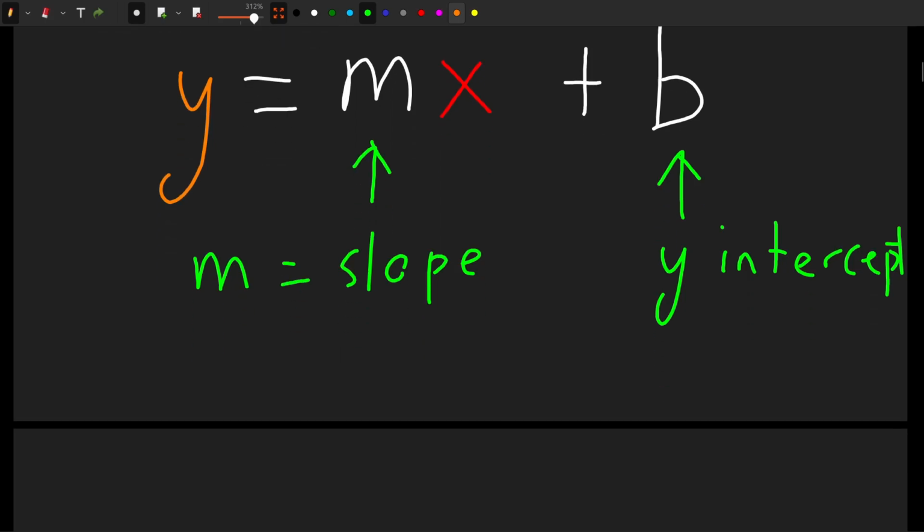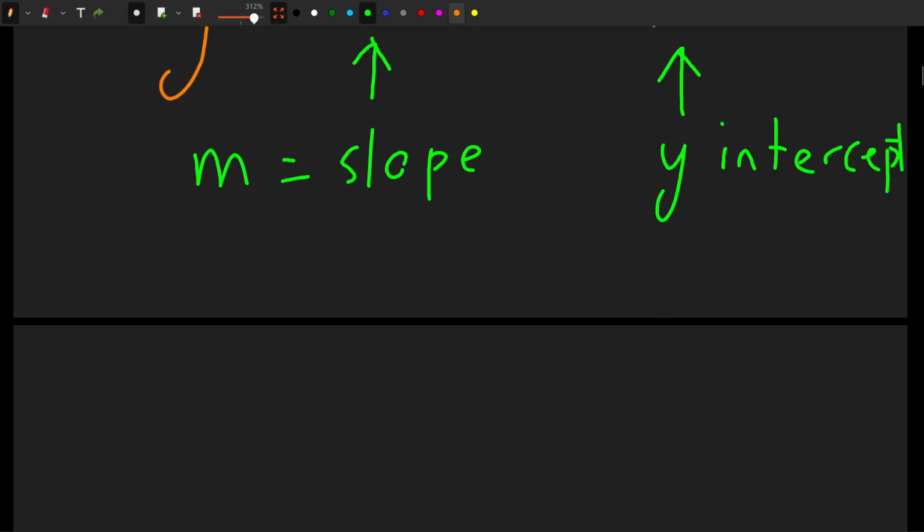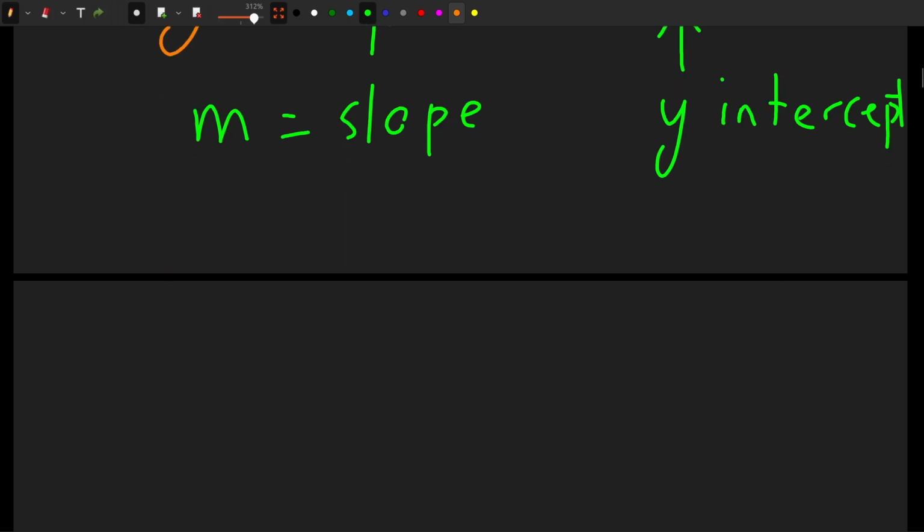If I was to do a very crude drawing, and I'm going to try not to draw too much because I'm not very good at drawing, but a very crude drawing of an xy plane, here's my x's, here's my y's, and let's just say I have an equation that looks something like this.